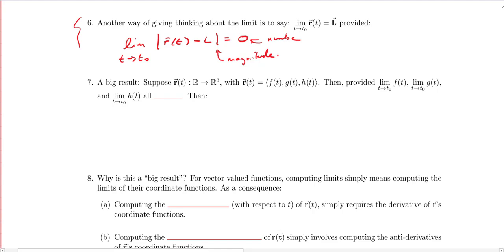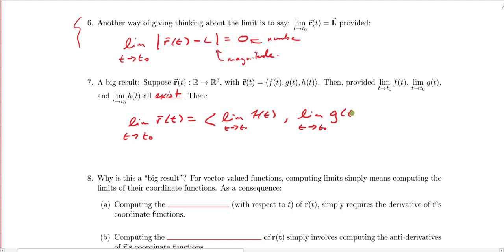But there's a big result that we're going to see, and that big result is if we've got a vector valued function, in this case I did it in R3, then as long as these three limits all exist, if you could take the limit of the individual component functions as t approaches t naught, then the limit as t approaches t naught of r of t, that limit that we're trying to find here, is simply the limit as t approaches t naught of the first component function, the limit of the second component function, and the limit of the third component function. And that's a big result.